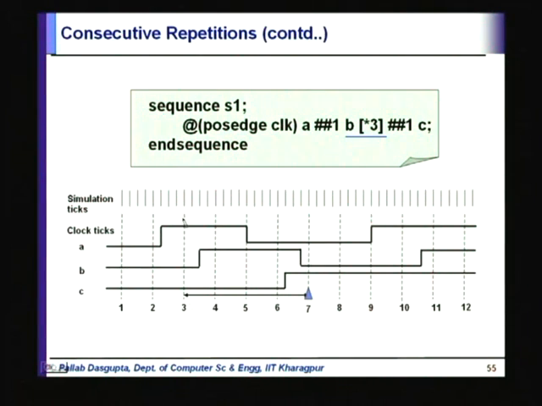A is true here, so the matching starts from here, let us say, where we get A, then we get B here, we get B here, and we get 3 consecutive B's, right. And then in the next clock tick we check for C and we find C is high, right. So, this is called consecutive repetition, because all this is 3 consecutive matches of B, which is this operator.